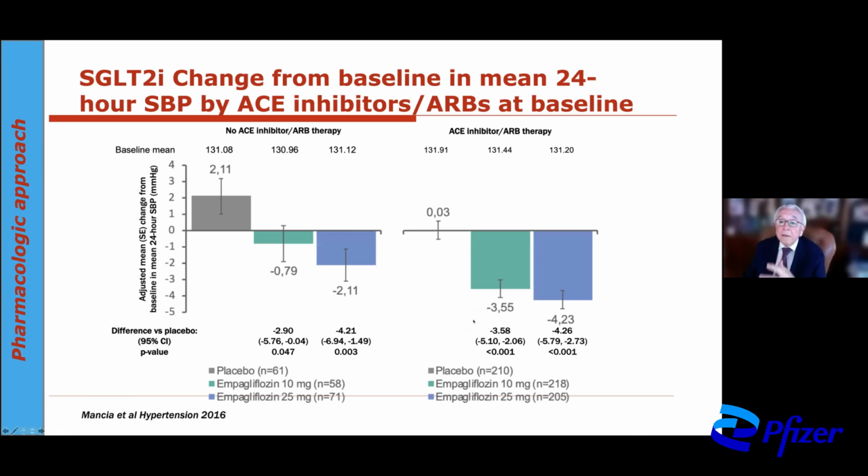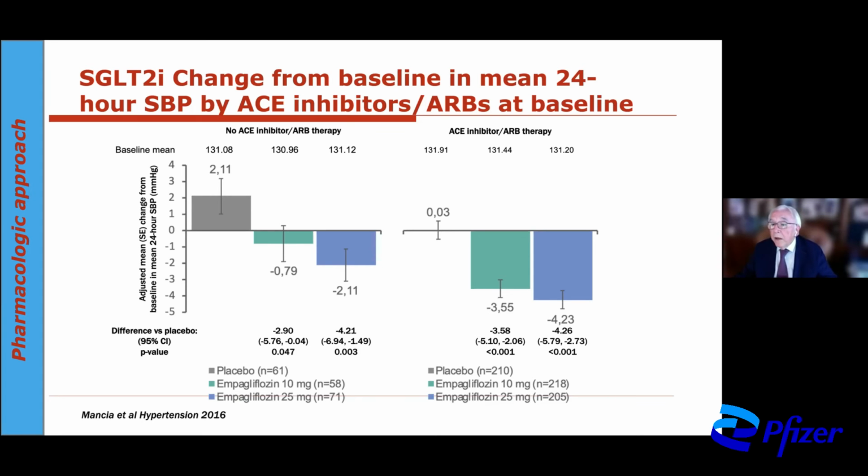And it is very well known that the addition, in this case of empagliflozin, to treatments with ACE inhibitors or ARBs produces an additional reduction in blood pressure. And then we need to consider that.